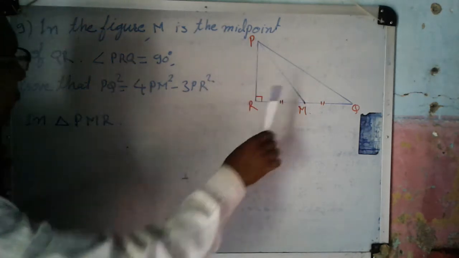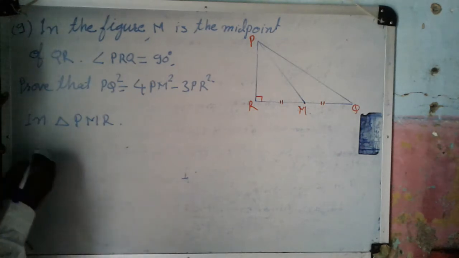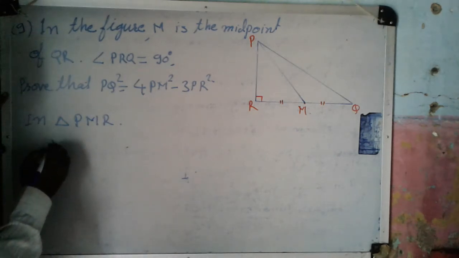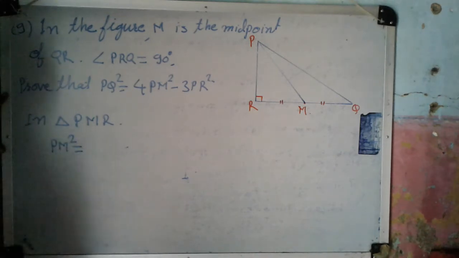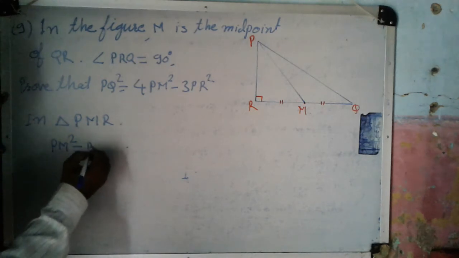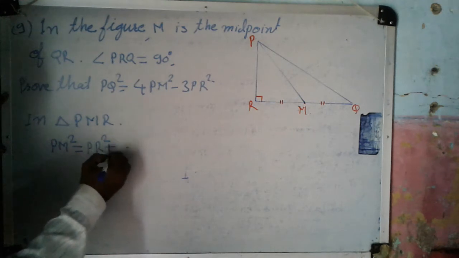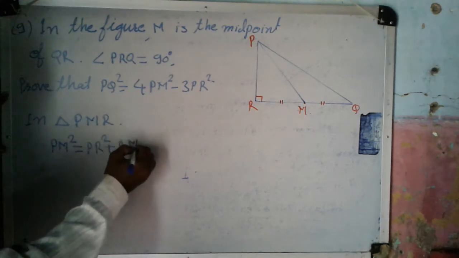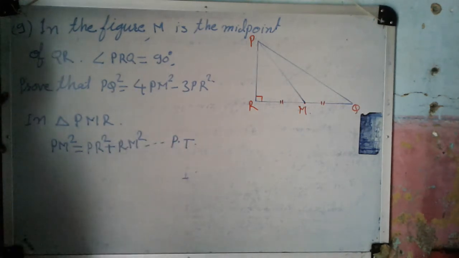So here PM is hypotenuse. So by Pythagoras theorem, here we get PM square is equal to PR square plus RM square by Pythagoras theorem.